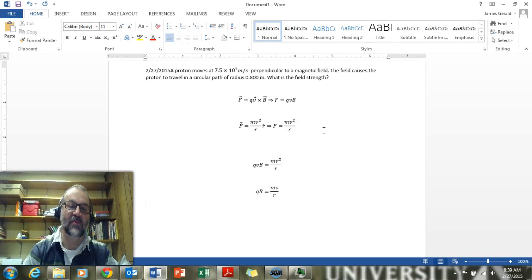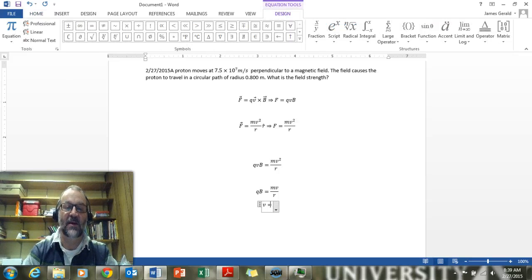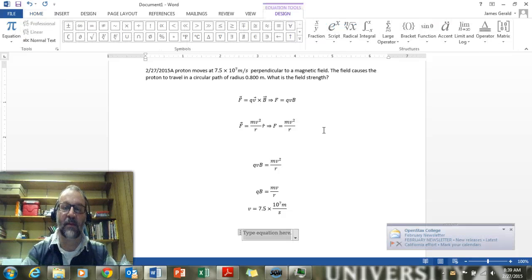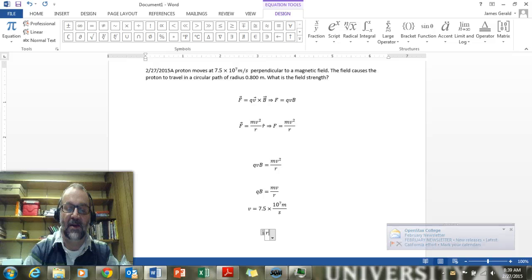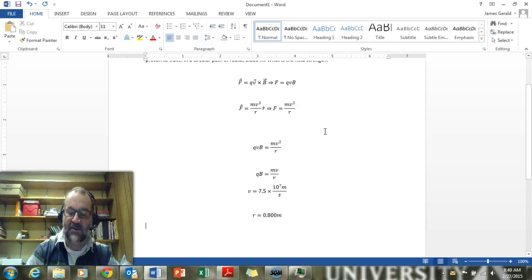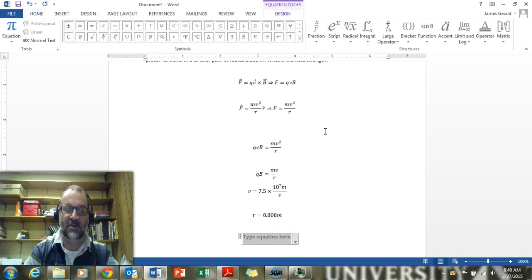Now what do we know from the problem? We know from the problem that v equals 7.5 times 10 to the 7th meters per second, right? We know that the radius is 0.8 meters, right? And the mass of the proton, what is the mass of the proton?